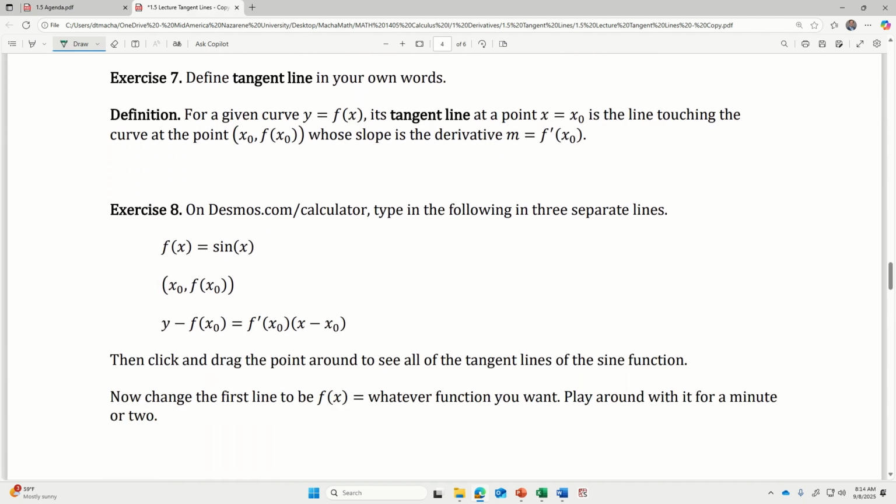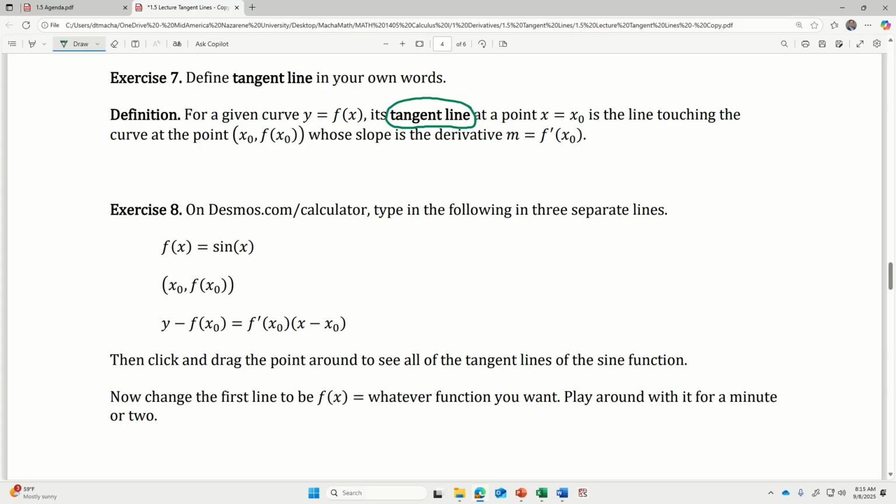Now here is the calculus part. For a given curve, where I set y equal to some function of x, so we're talking about a curve in the xy plane, its tangent line at a certain point where the x-coordinate is equal to some x0, the tangent line is the line that touches the curve at this point and where the slope of the line is the derivative evaluated at that point.